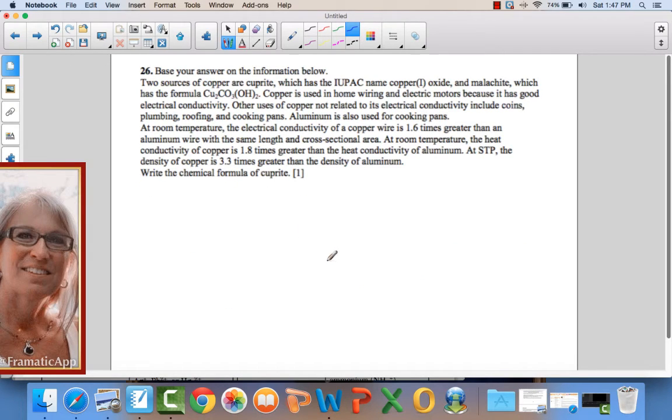And last problem. It says at STP the density of copper is 3.3 times greater than the density of aluminum. Write the chemical formula of cuprite.